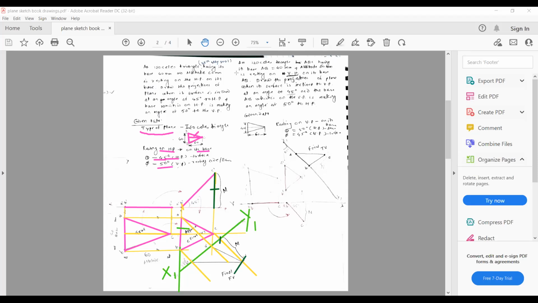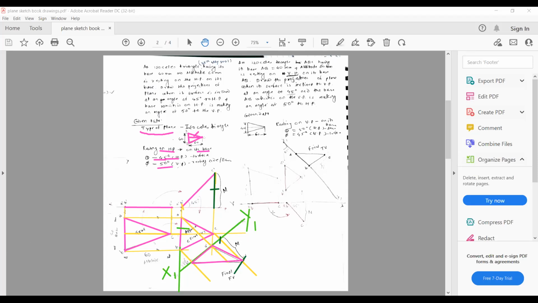Finally, join these points with a straight line. Join it, and you will get the final front view, right? So this way you will get the solution for this.